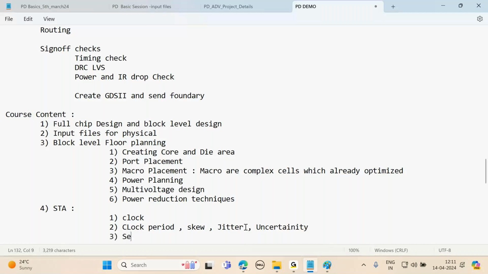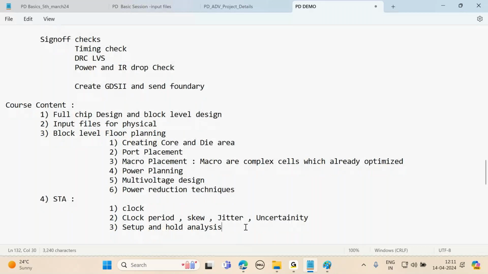Setup and hold analysis. Pulse path and multi-cycle path.